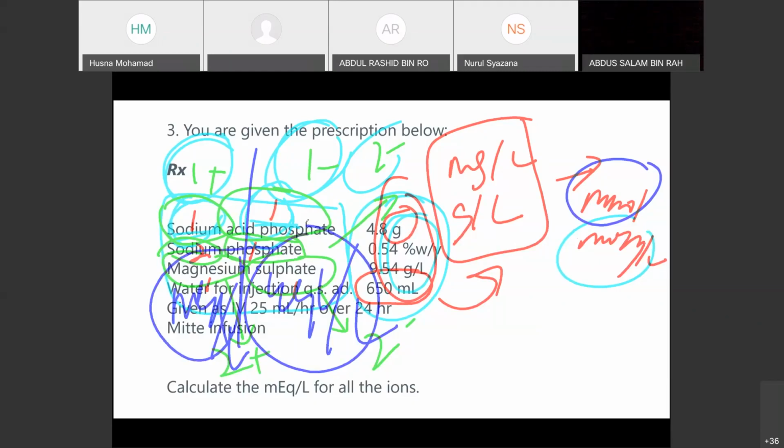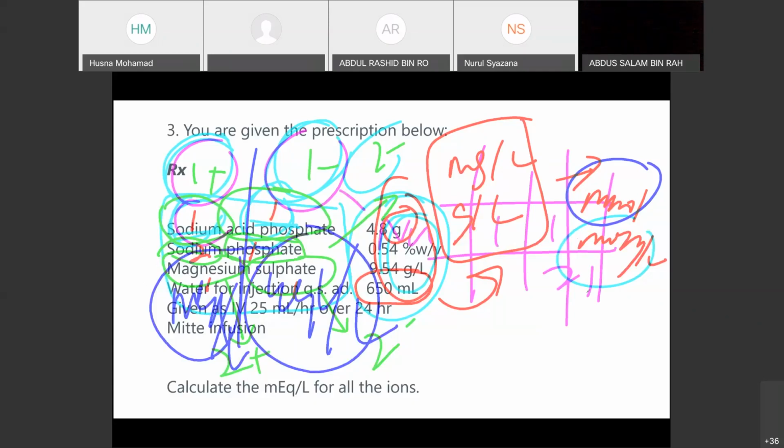Another trick to check: you can construct your table with this simple value, and multiply the 1, 1 and 2, 2 with the calculated value. This will be another way for you to avoid confusion.